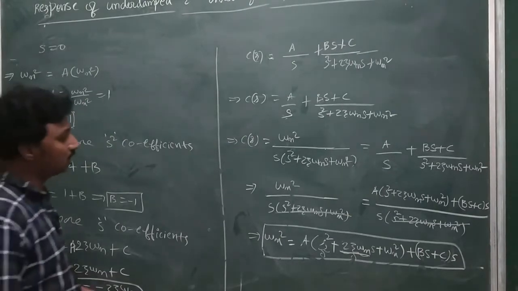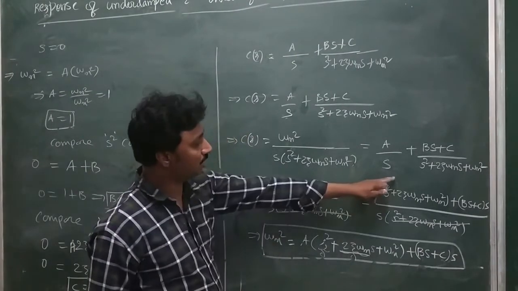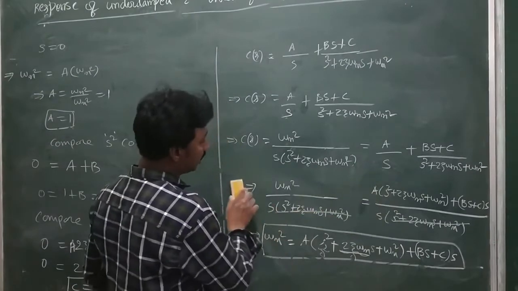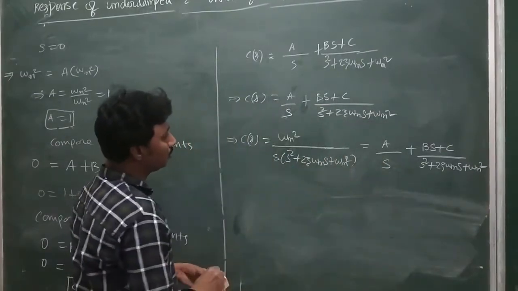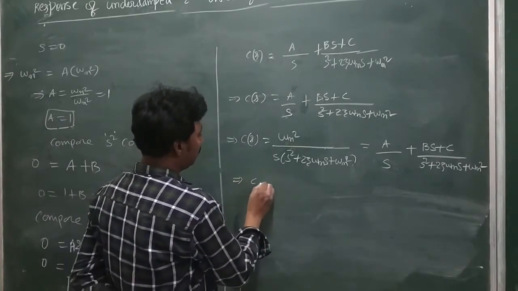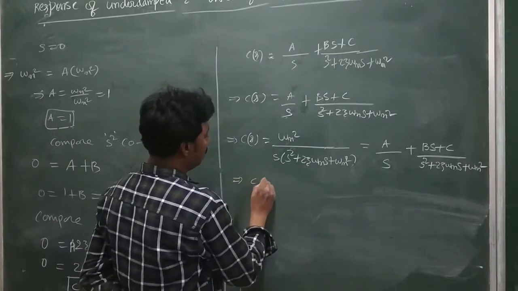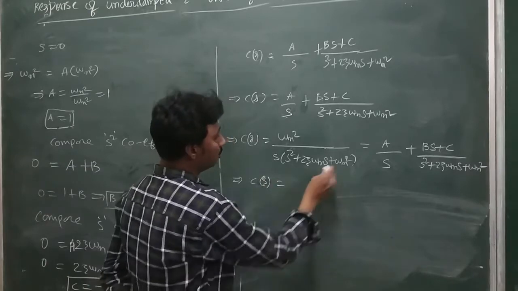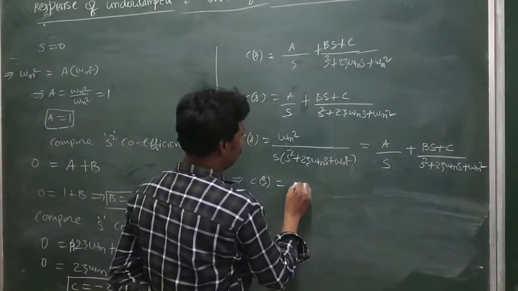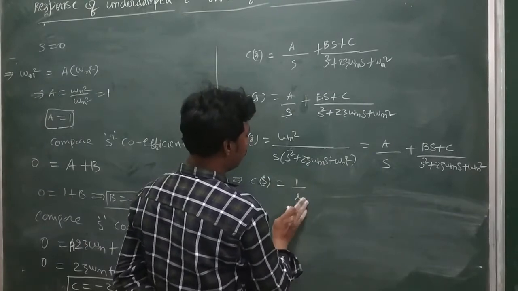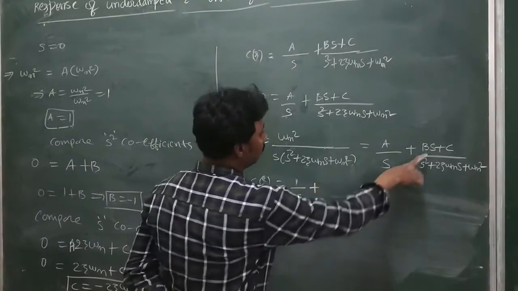So we'll substitute in this equation, right? So I'm going to erase this. So what is your C of s? Here C of s is equal to, so what is the a value? A is equal to 1 by s plus, what is the b value?